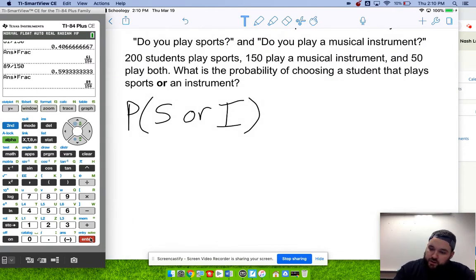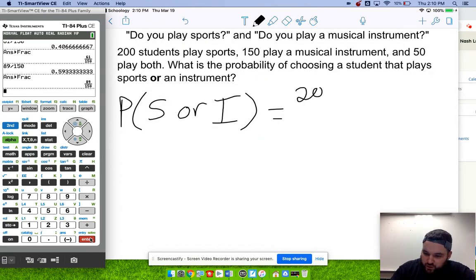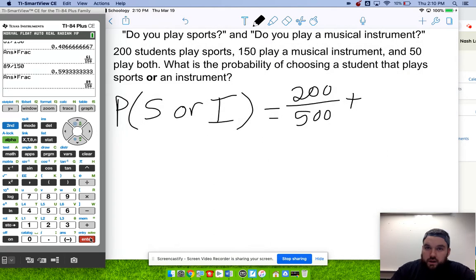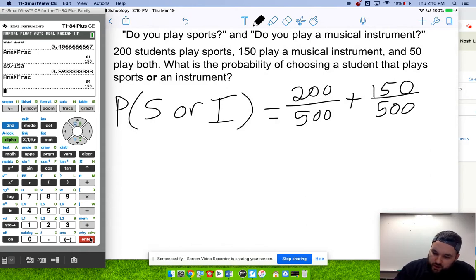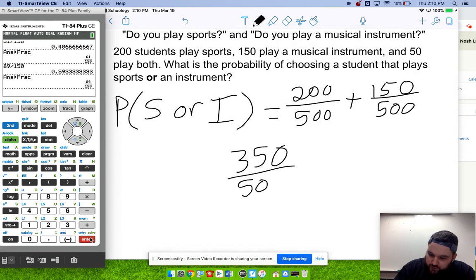Now, the probability I pick someone who plays sports is 200 out of 500, plus the probability of an instrument. How many people play instruments? Well, that's 150 out of 500. And so it would stand to reason, based on what we just saw, that the answer is 350 out of 500 or 70%.